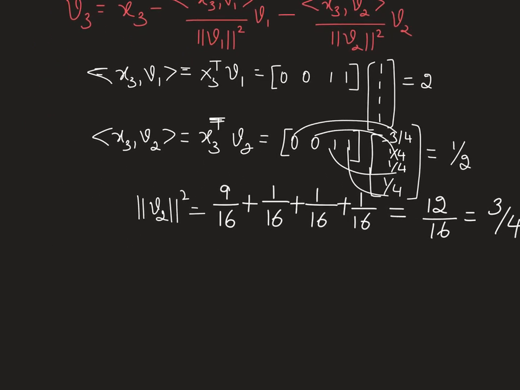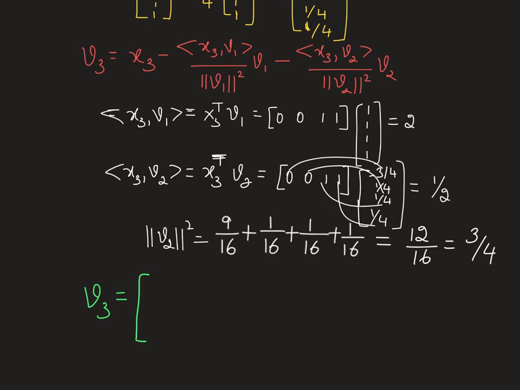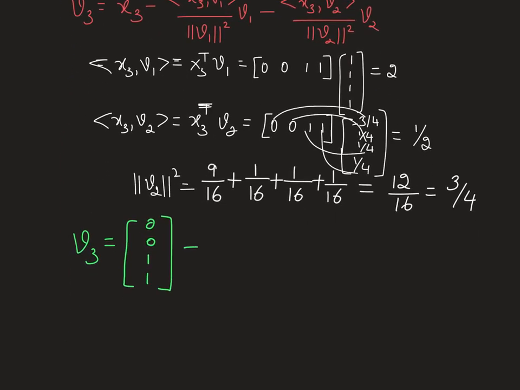Now we find the v3 orthogonal vector. According to the formula, it is x3, where x3 is 0 0 1 1, minus the inner product of x3 with v1 divided by the norm, that is 2/4, times v1, which is 1 1 1 1.